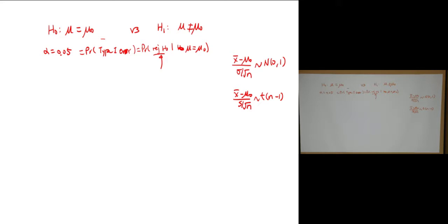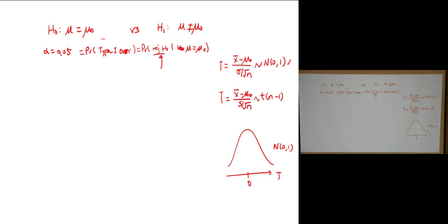If it is too extreme, how do I know whether it's extreme or not? It's something like this. This is our test statistic, let me call it T. This is the behavior of the test statistic T, with mean 0.